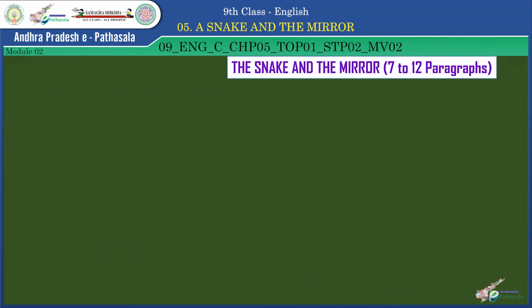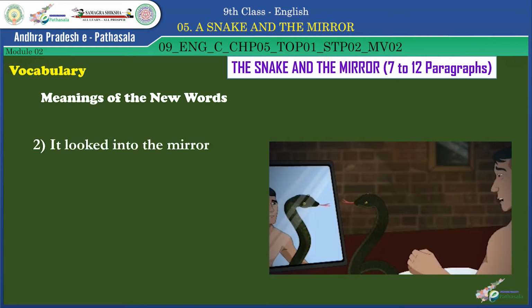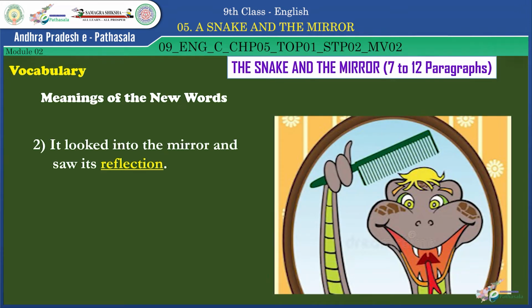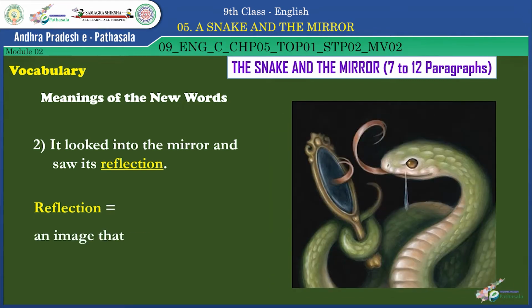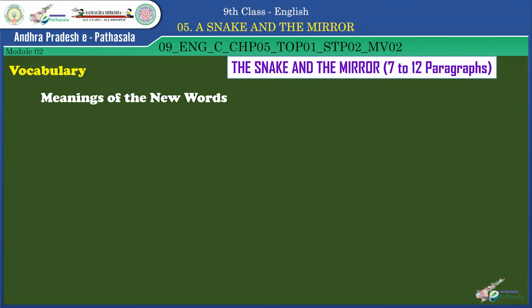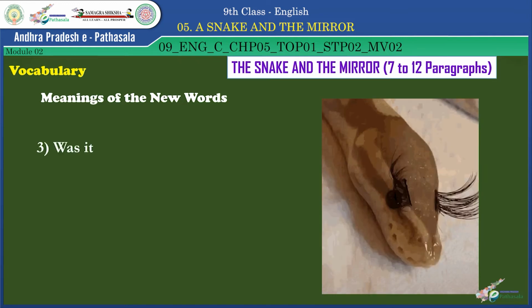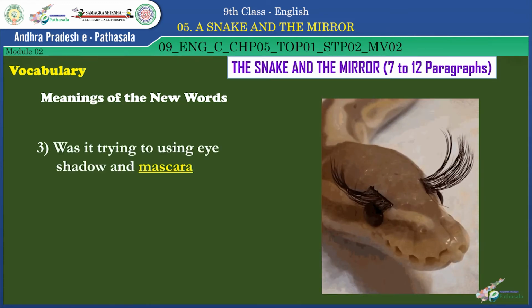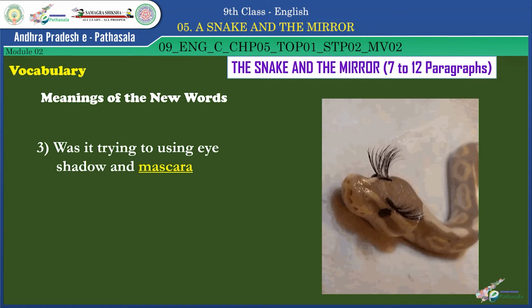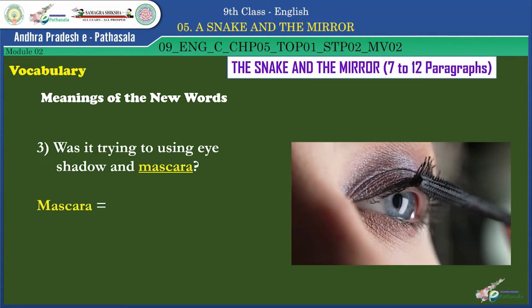The second one is "it looked into the mirror and saw its reflection." The new word here I have taken is reflection. The meaning of reflection is an image that you can see in a mirror or in glass or water. The third sentence is, "was it trying to use eyeshadow and mascara?" The new word here is mascara.